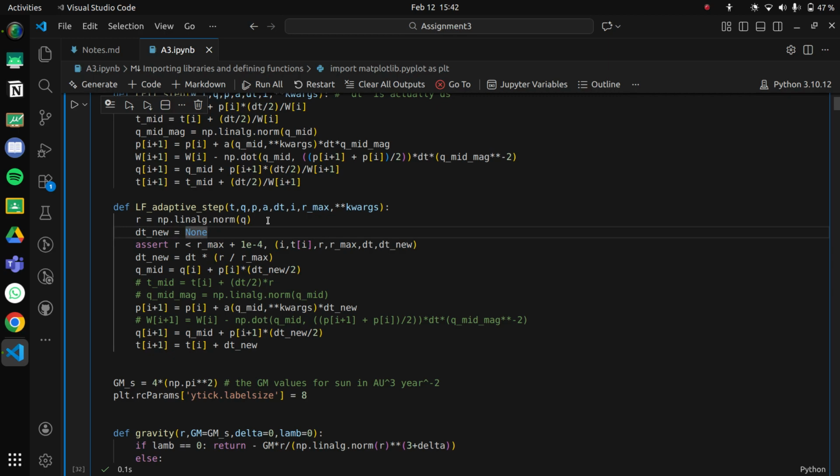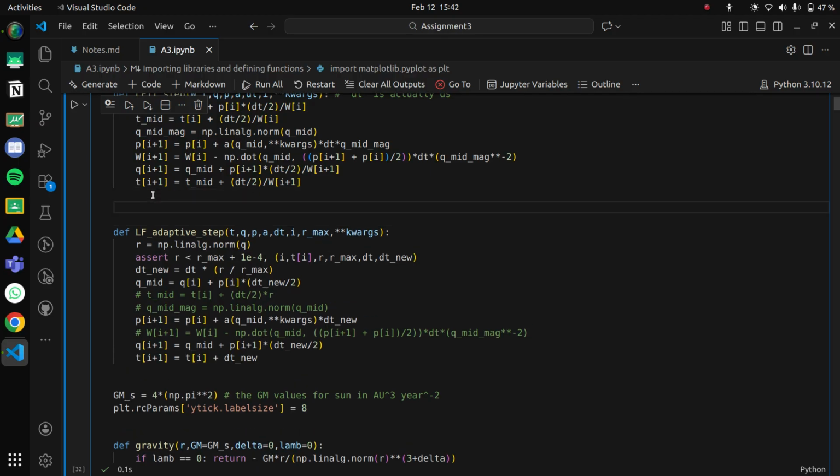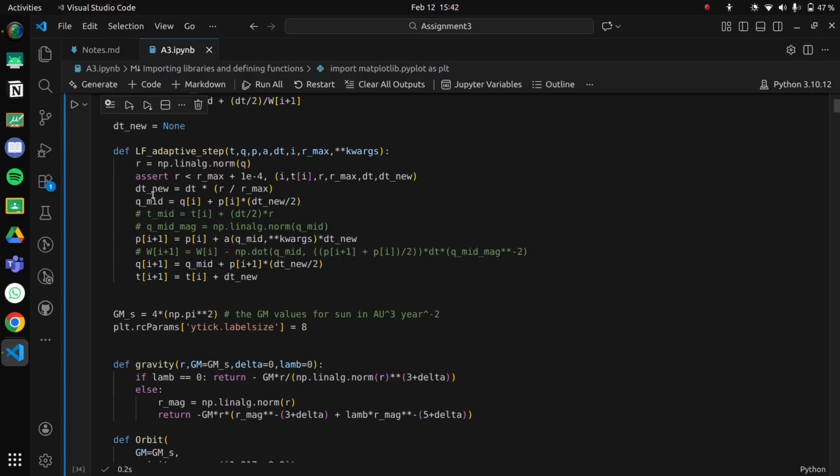Is that a great idea? I don't know. Let's hope it works.